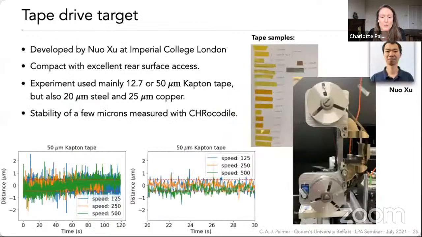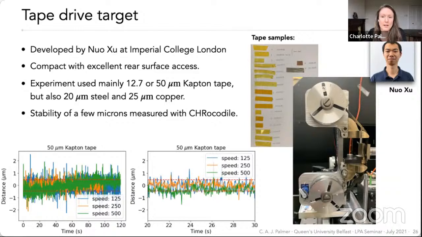The target that we used for most of the experiment was a tape drive developed at Imperial College in London by Nuo. So the tape drive has 2 very easily replaceable spools that can be customized to support different tape widths and can hold several thousand shots worth of tape.